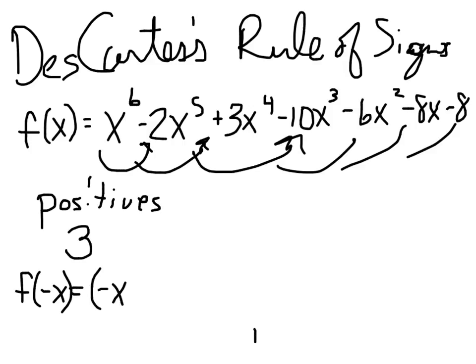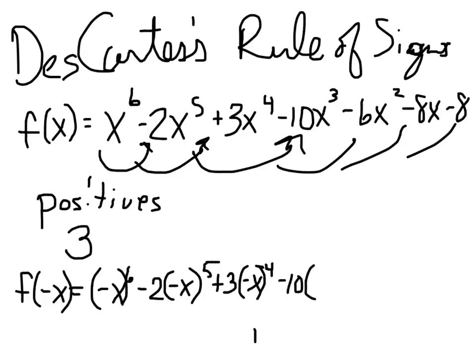So negative x to the 6th minus 2 times negative x to the 5th plus 3 times negative x to the 4th minus 10 times negative x to the 3rd minus 6 times negative x squared minus 8 times negative x minus 8.